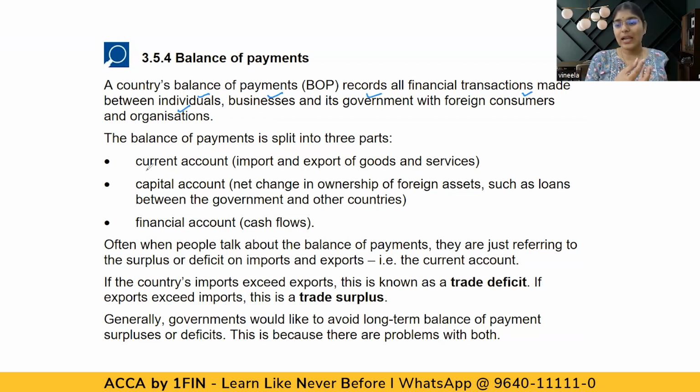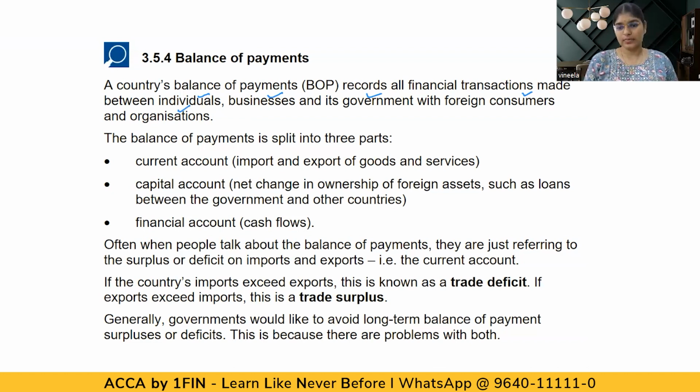The sale of goods and getting profit is nothing but a financial transaction. So the business made by Mr. X, who belongs to India, with a person in the USA, is a financial transaction, and it will come under the balance of payments of our country.